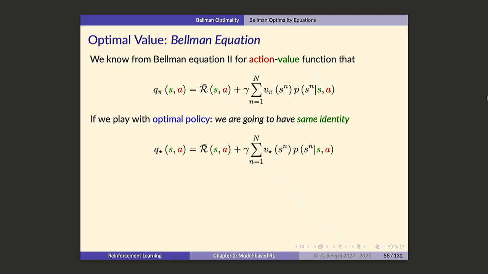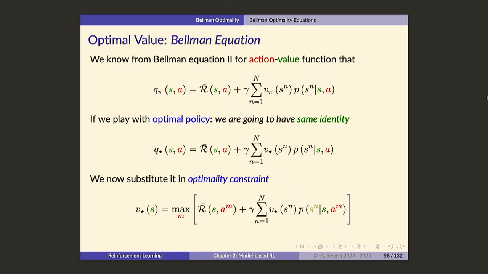So V star is going to be the maximum of this over all possible actions. I didn't do anything; I just used the optimality constraint. Instead of Q star, replace the right-hand side of the Bellman equation. Everybody agrees?